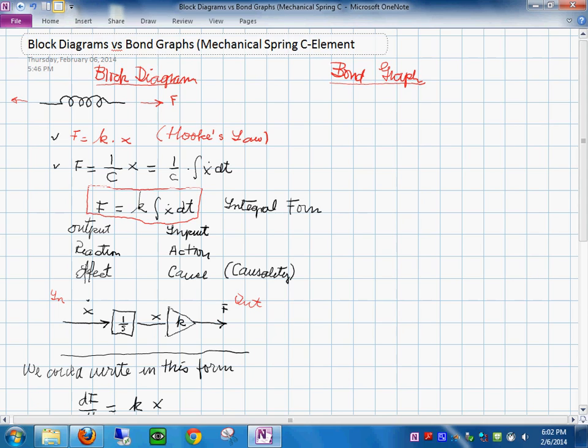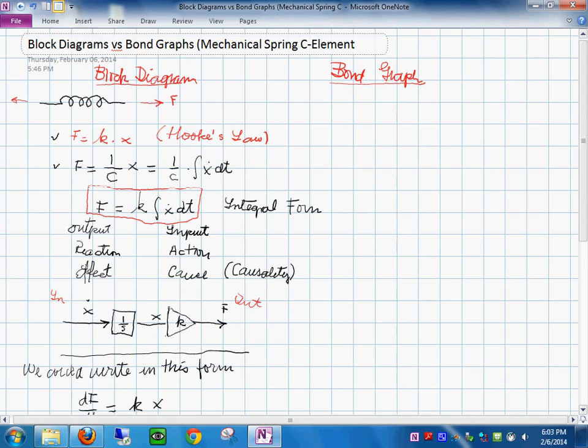What controls it? What controls our block diagram? The equation. That's the answer to that question. So the conclusion that we reach is that block diagrams are really a graphical representation of equations.